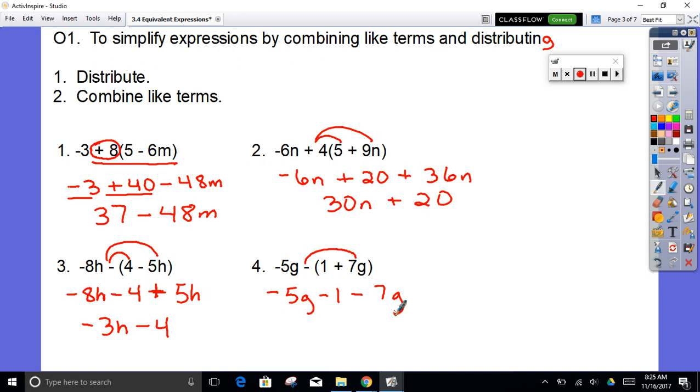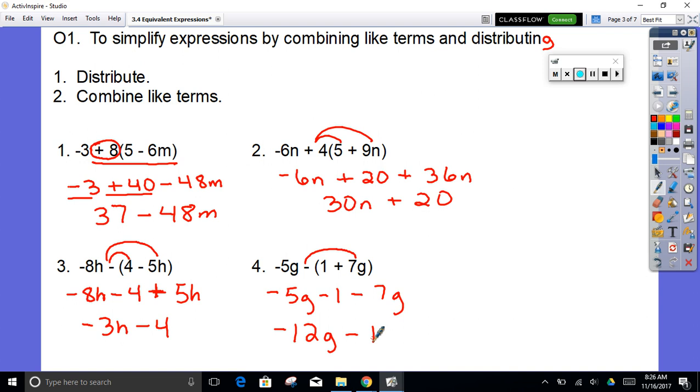Eve, can you combine like terms for us? Negative 5g and then negative 7. Okay, and what would that be? Negative 12. Negative 12g. Plus or minus? Minus 1. Good.